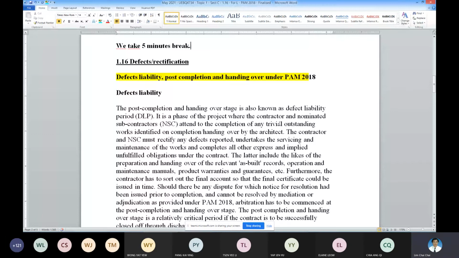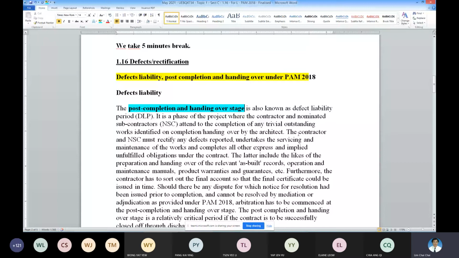So what does defects liability mean? It is the post-completion stage. Defects liability occurs for construction projects where there is a defects liability duration.